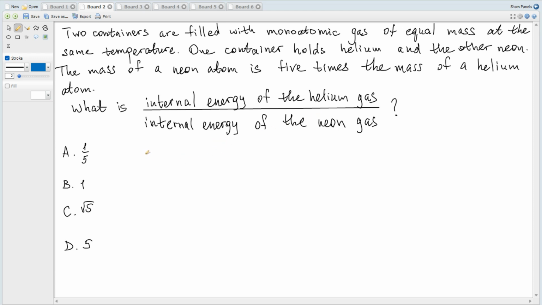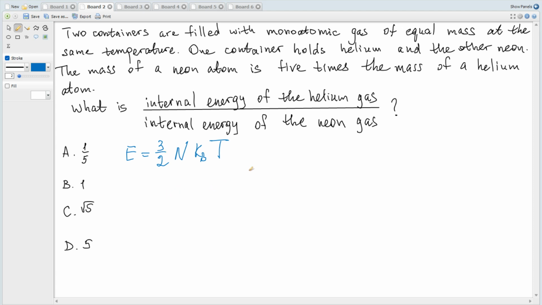We know that internal energy is equal to 3 over 2 times the number of particles, it's not number of moles, it's small n, a number of particles, times the Boltzmann constant, and temperature. Temperature is constant, so it cancels, this constant also cancels, and 3 over 2 also cancels.